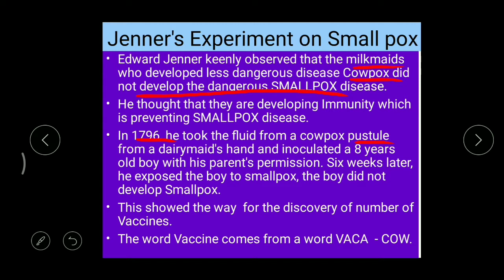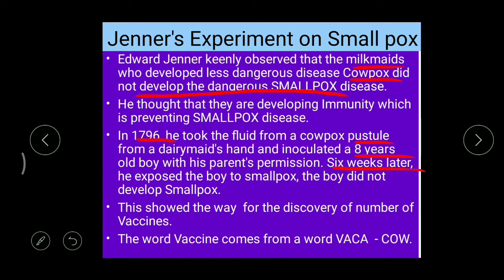Inoculated means injected into an 8 years boy, with the permission of his parents. Right? He injected this fluid from this cowpox pustule, and later, after 6 weeks, he exposed that boy to smallpox.